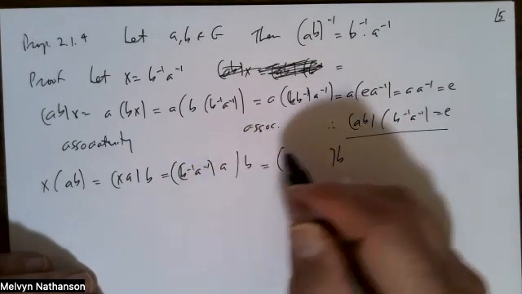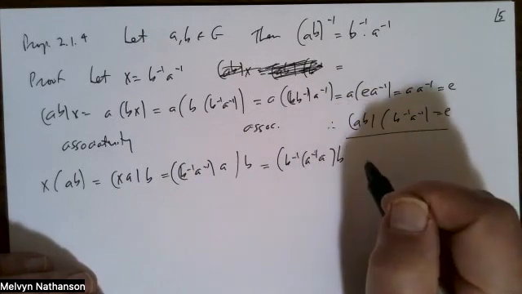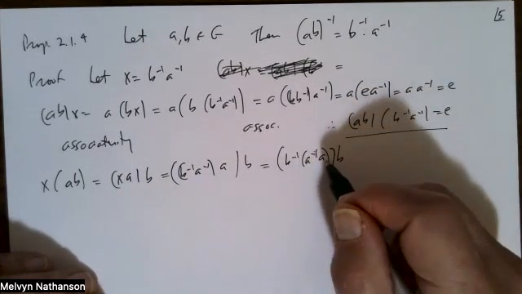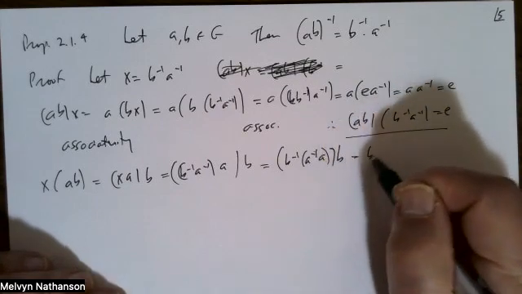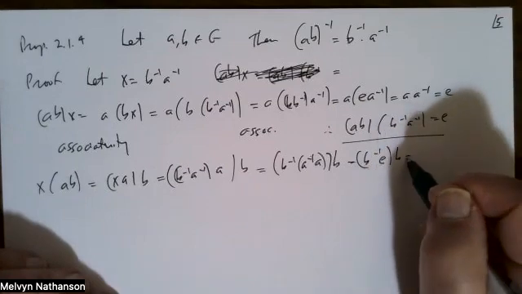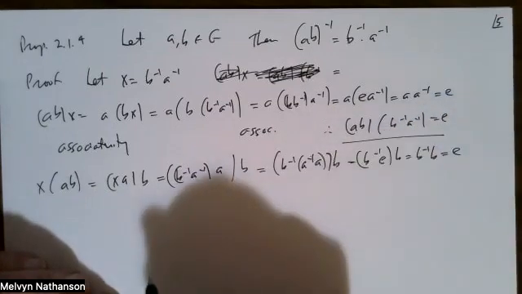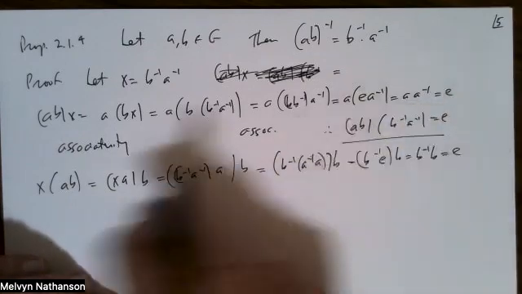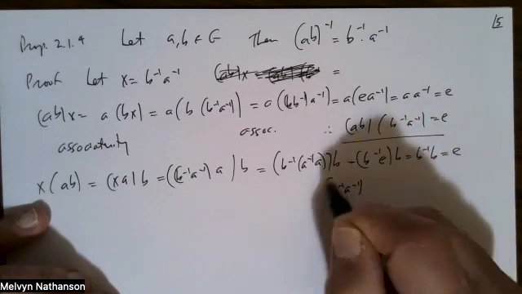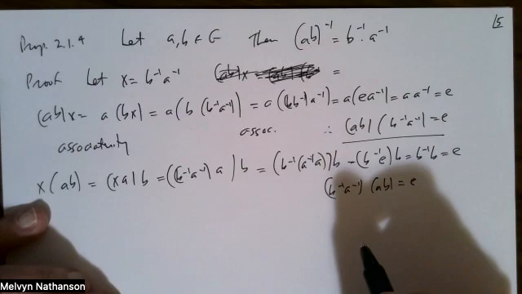B inverse A inverse times A is B inverse times A inverse A. A inverse A is the identity. This is B inverse E times B, which is B inverse times B, which is the identity. So what this says is that X, B inverse A inverse, times AB is the identity.